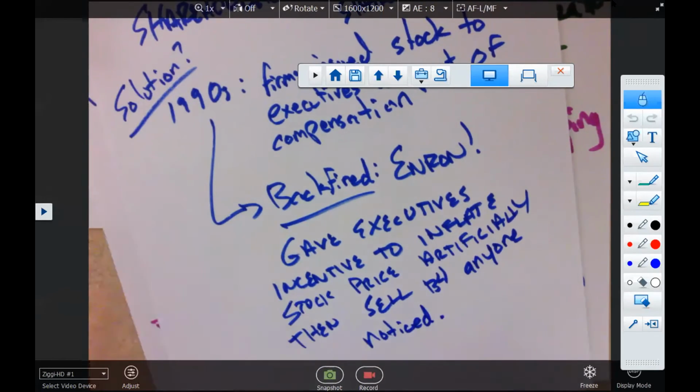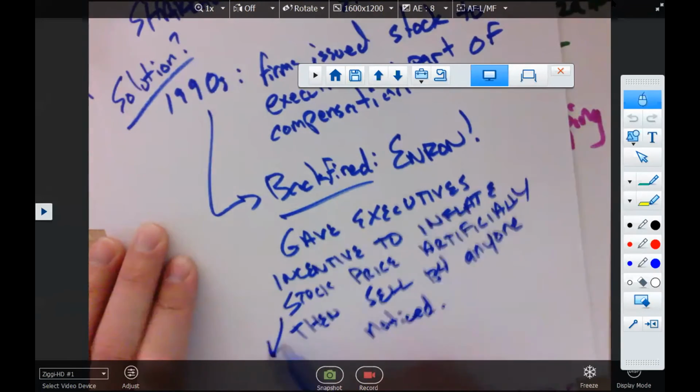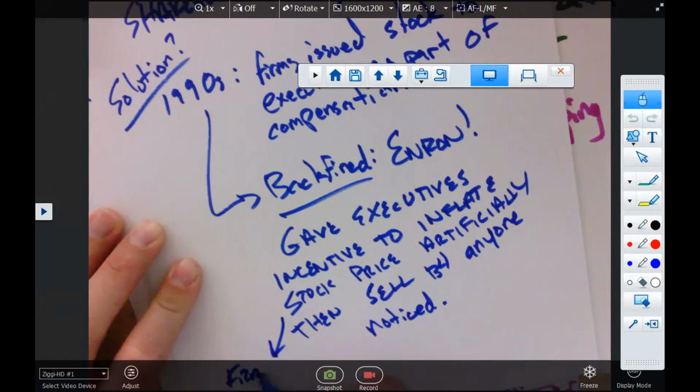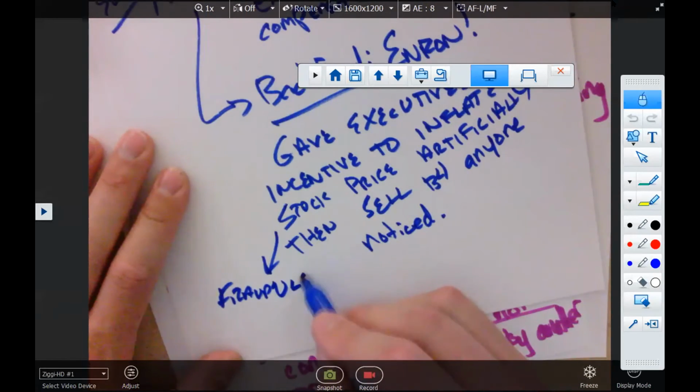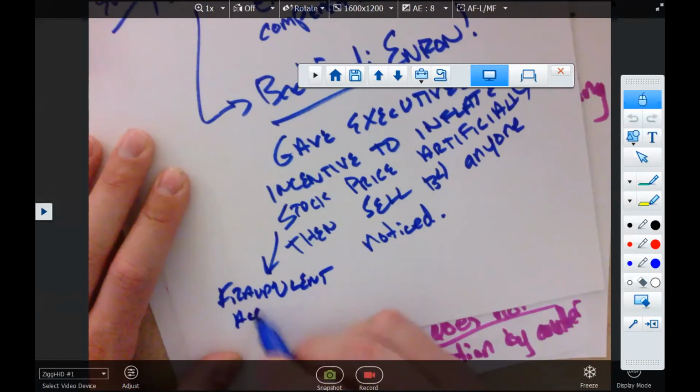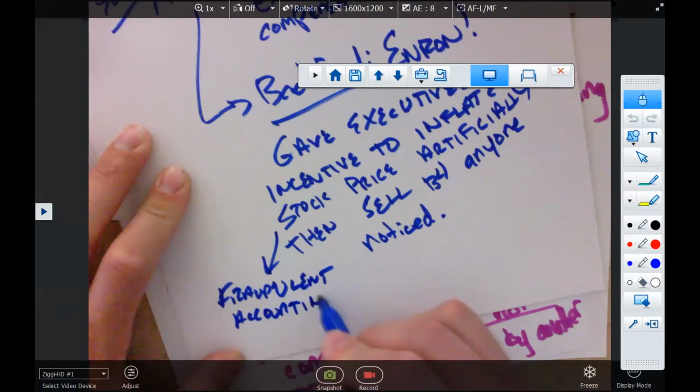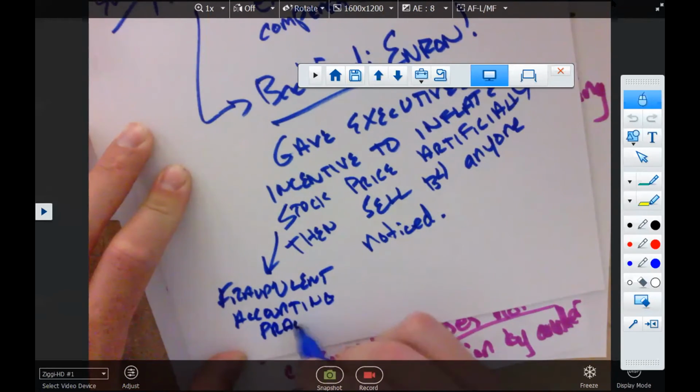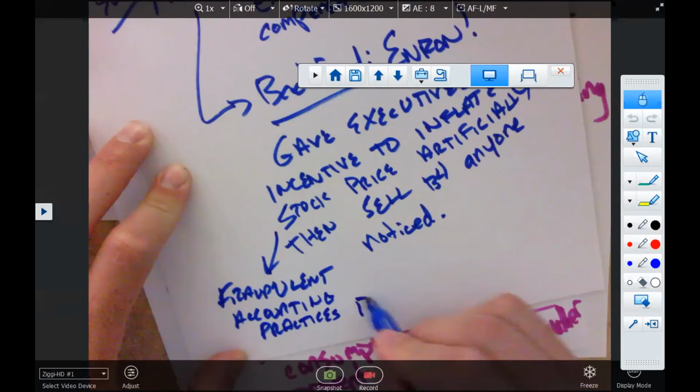How would they inflate the stock price? They would use fraudulent accounting practices, to make it look like the company was doing really well, to overstate the profits.